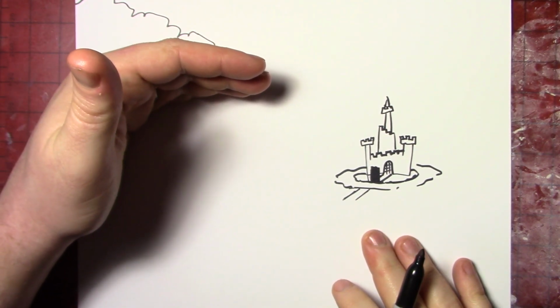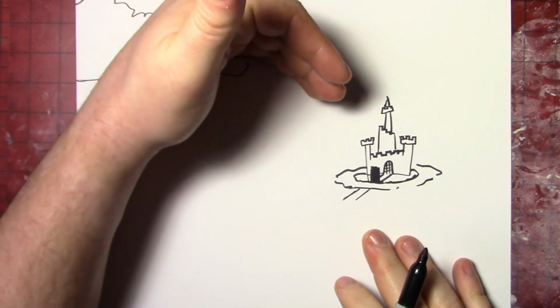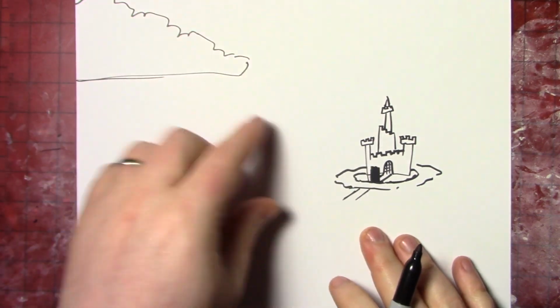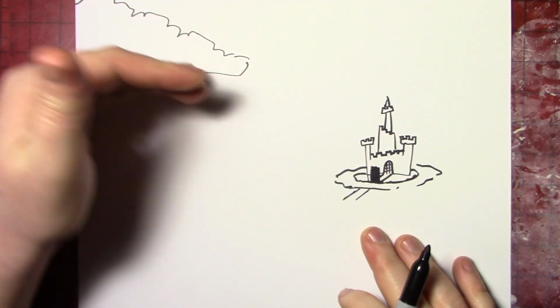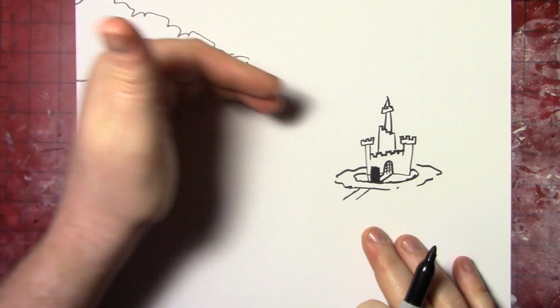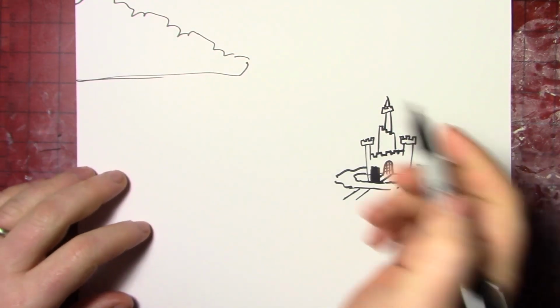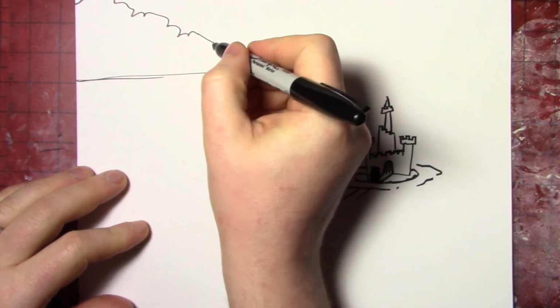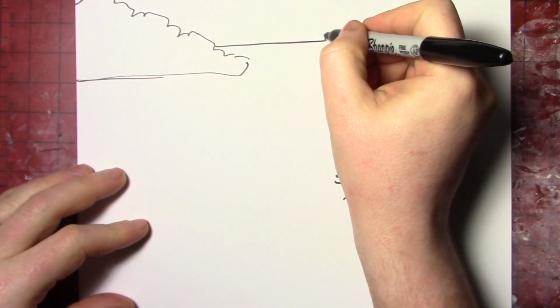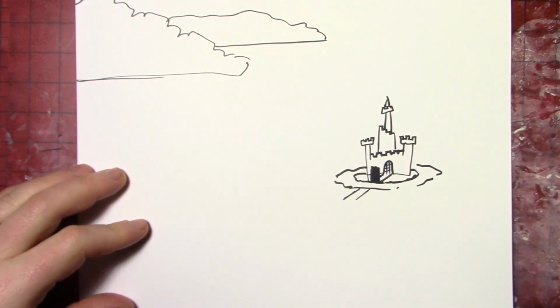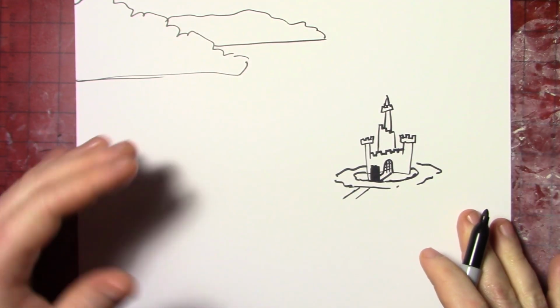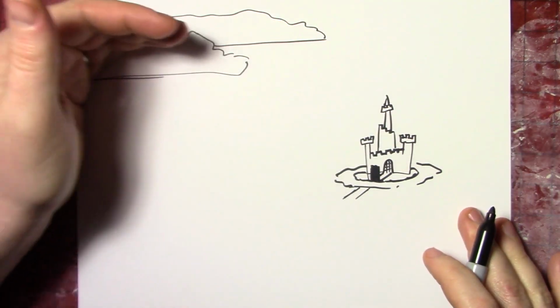This line pulls our eyes in, and this diagonal pulls our eyes in. Both of those are not necessarily pointing directly at the castle, but they're pointing close. They're pointing our eyes in that general direction, right? And then maybe there's going to be another cloud behind it that's a little farther away and a little smaller. Again, this is getting that left to right movement.